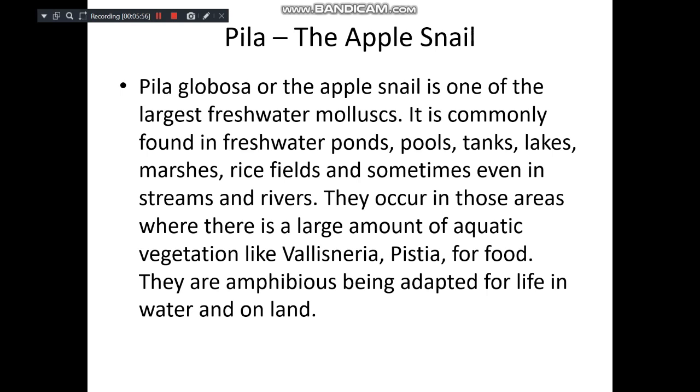That's why wherever there are aquatic plants in a freshwater body, the snail is generally found. They are amphibious, in the sense that though they are aquatic, on land also they can survive for a considerably long duration of time. Though they cannot survive fully on the terrestrial land, for a considerable period of time they can survive even on land.